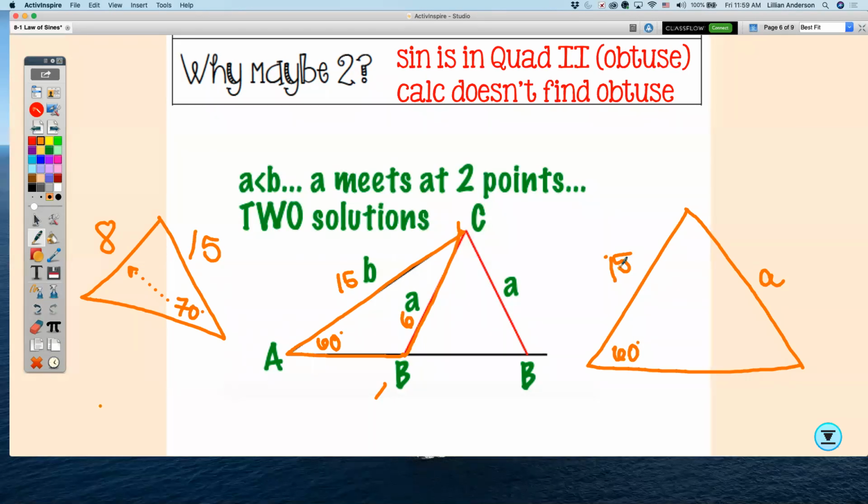The only difference is that these two angles here and here are going to be different, and these two angles up here and up here are going to be different. These lengths also, sorry, I drew that one wrong. This length and this length will be different. This will not happen every time, but you do need to check to see if you have an ambiguous case.